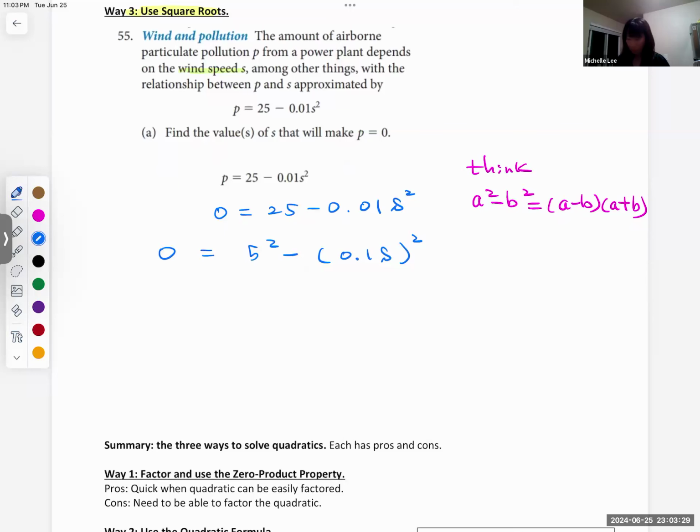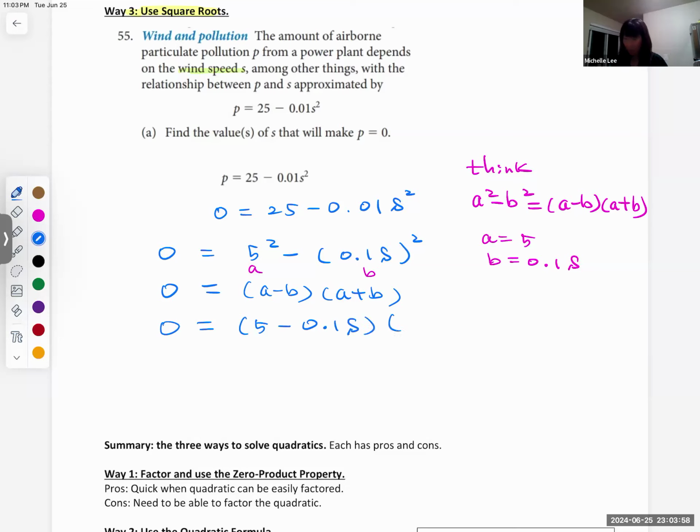So a equals 5, b equals 0.1 s. Don't include the sign. So here, a minus b and a plus b: 5 minus 0.1 s, and 5 plus 0.1 s.